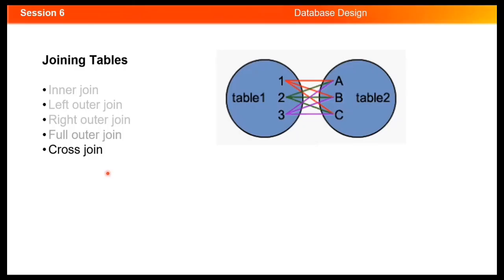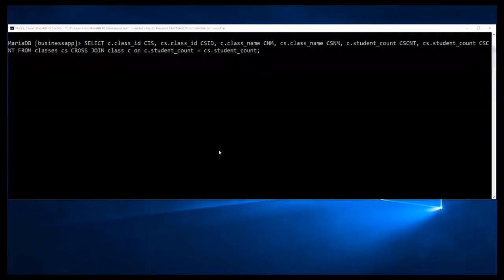So it's important to experiment a little bit and also understand what the joins are returning, what they're doing, and also do a little bit of research to figure out which of the joins are the best for your particular need. So let's take a look at the example of the cross join.